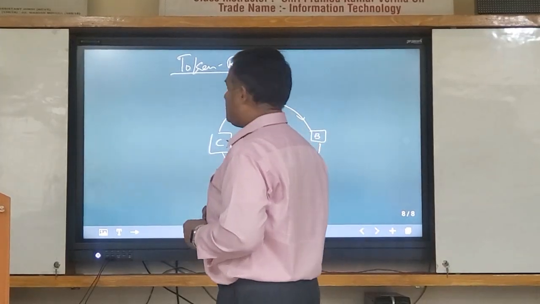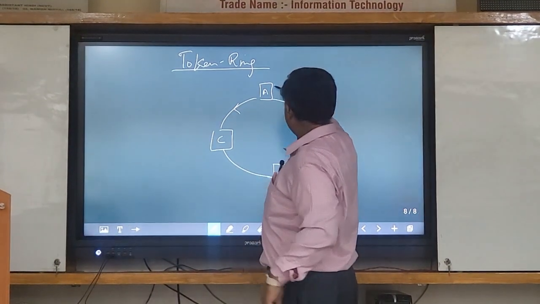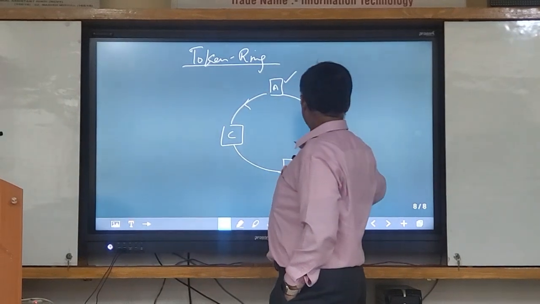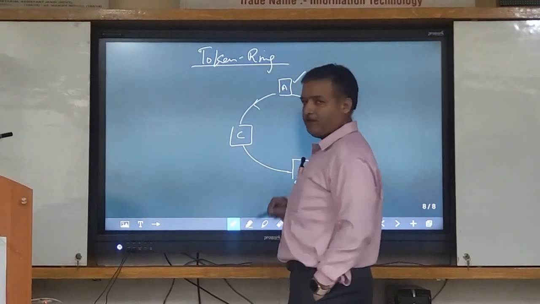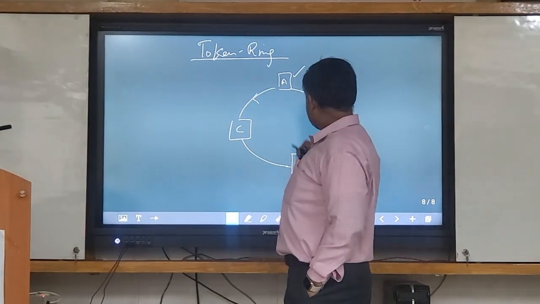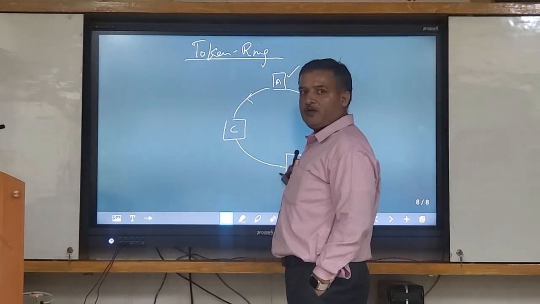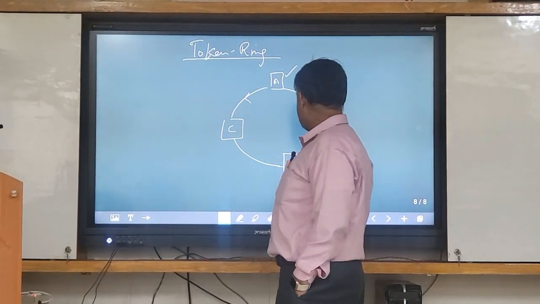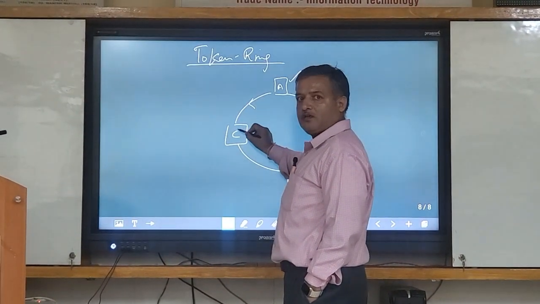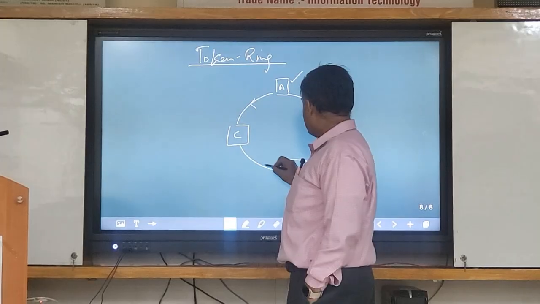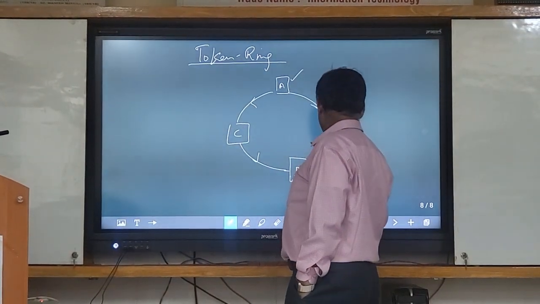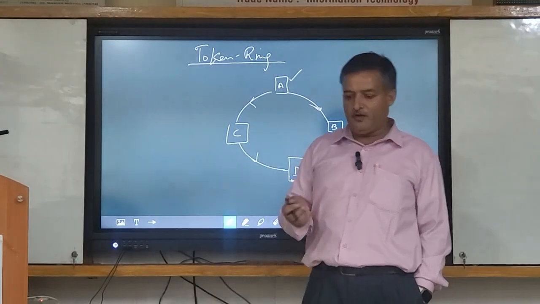In this way, if computer A wants to send a signal to B, it may transmit, with the receiver as destination B. Then the data will be propagated, and because the wire is common, the data will come to this particular junction D. So D will receive the data.